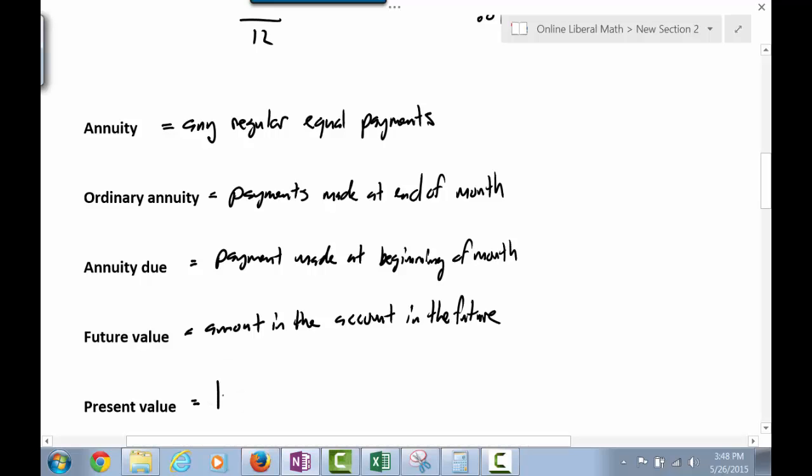So we want to think of it as a lump sum that would equal the same end result as regular payments into the plan.